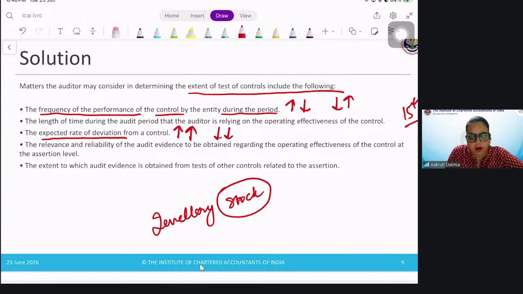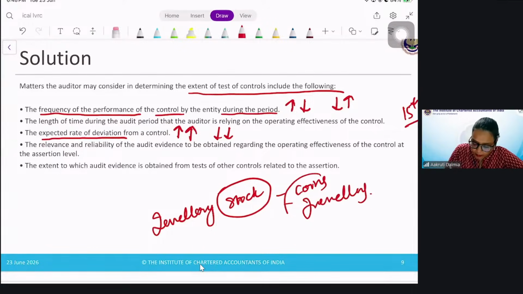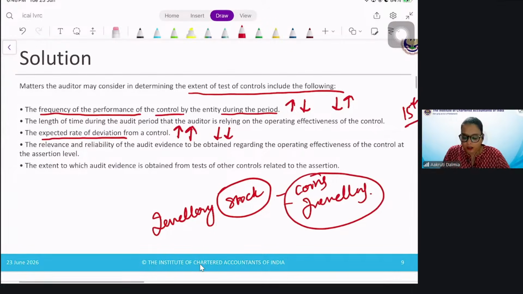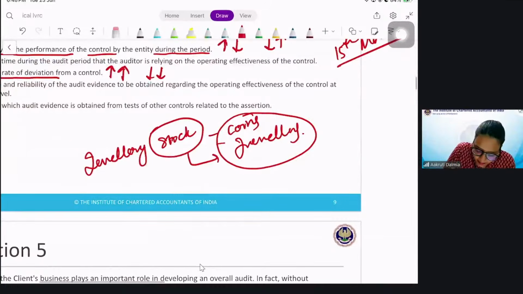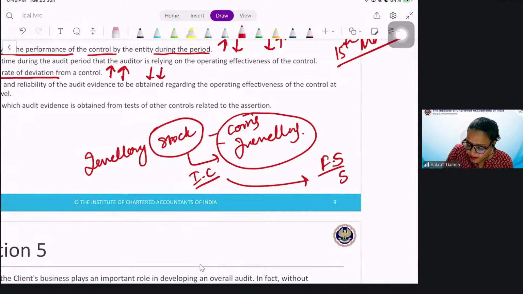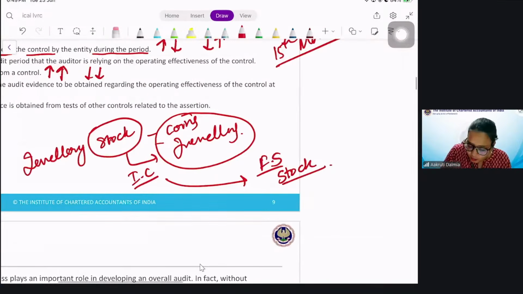So it has stock, yes or no? It can have bullion, it can have coins, it can have jewelry. Now tell me, will the stock related internal control affect my financial statement stock value directly? Yes or no? Tell me. Assertion level, I want to check valuation of stock, existence of stock.